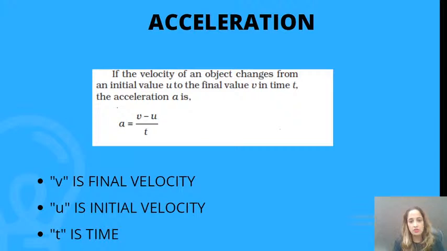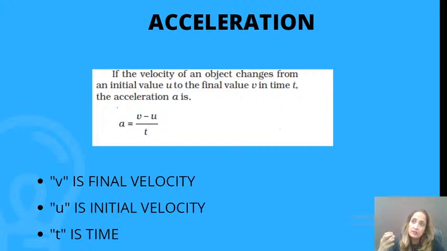So always remember, guys, these v's and u's and t's and a's and s, people find them very confusing when it comes to doing numerical problems. So you will have to understand that small v is the final velocity, because in acceleration we are talking about change in velocity.